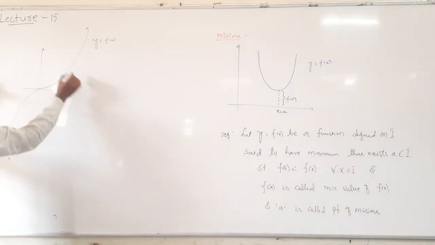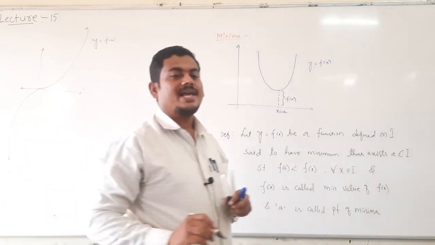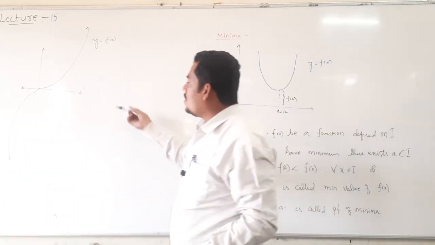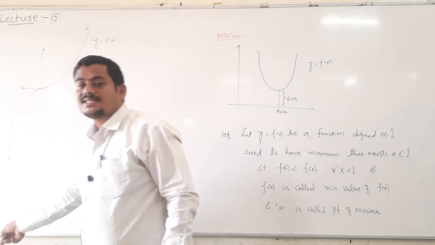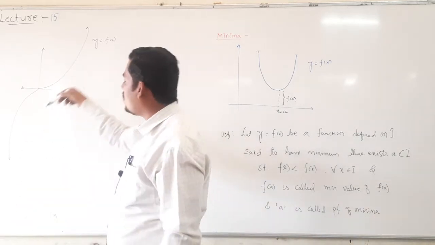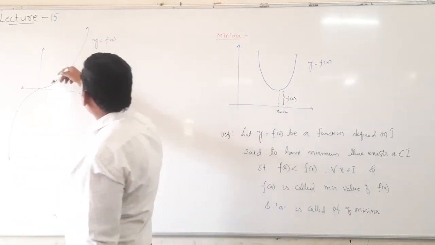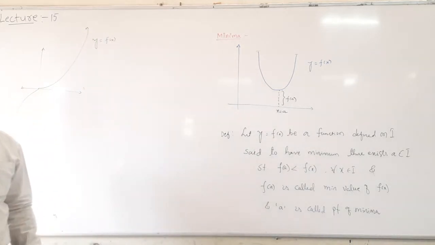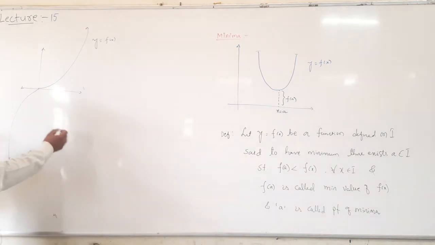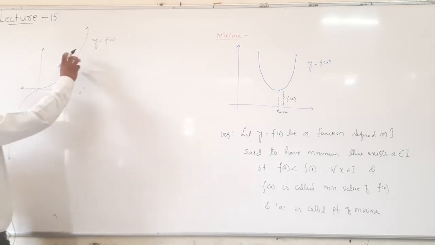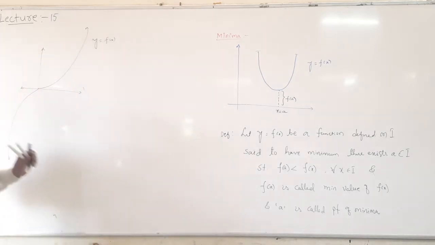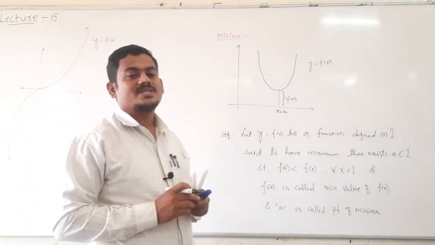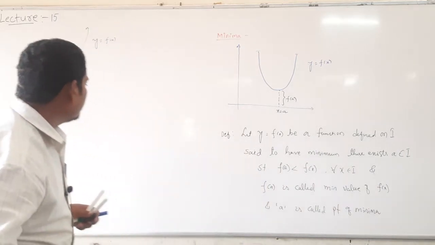For this function there is no maximum value and no minimum value, because the function goes down to minus infinity, so there is no fixed minimum value, and it extends up to plus infinity, so there is no maximum value either. Then maximum or minimum values do not exist, right?